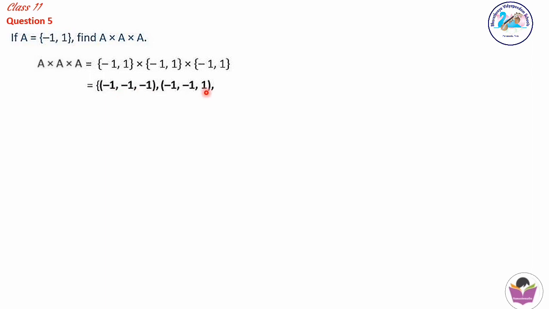These are ordered triplets, here the first triplet, here the second triplet. Next, -1, then 1, again -1. Then from here 1, from here -1. Again, next you have to take -1, the second element here 1, and here the second element 1. So (-1, 1, 1) is written.